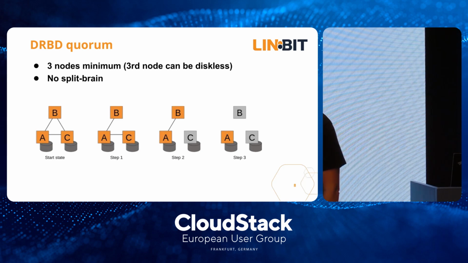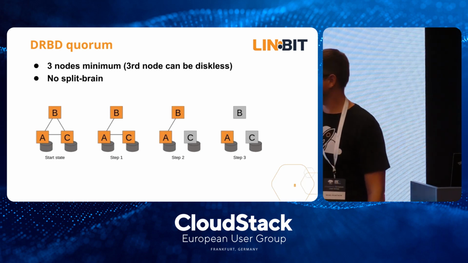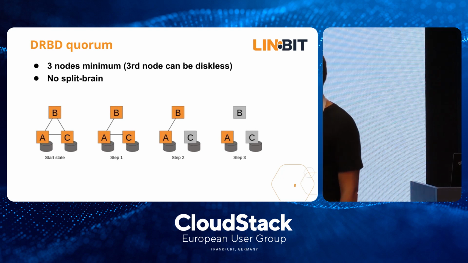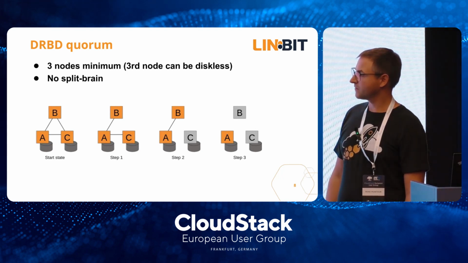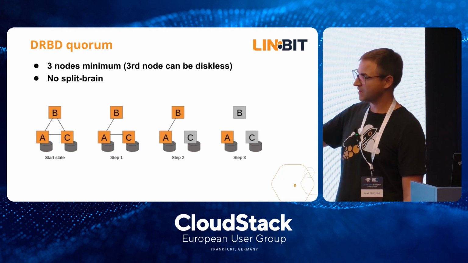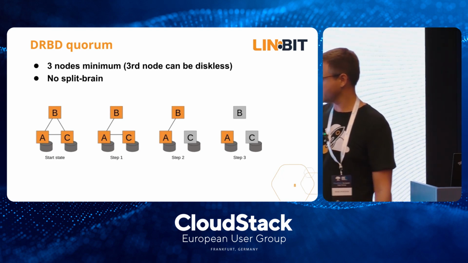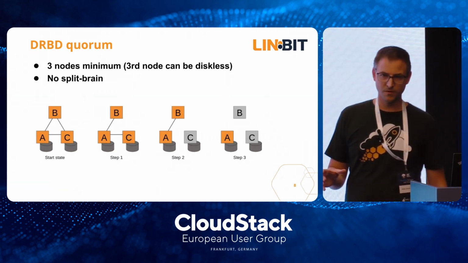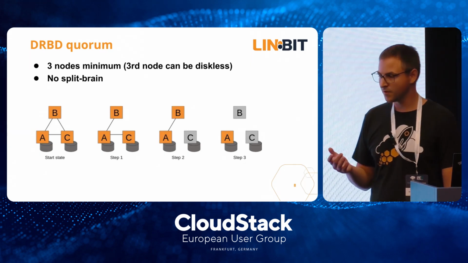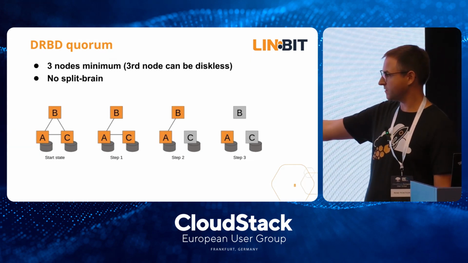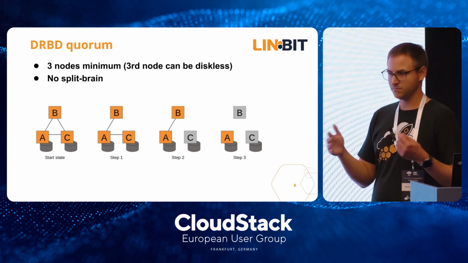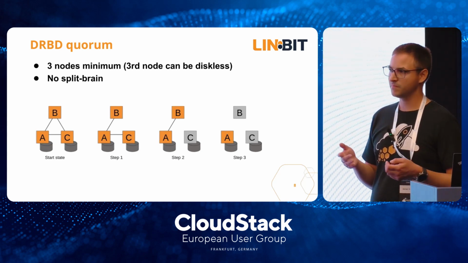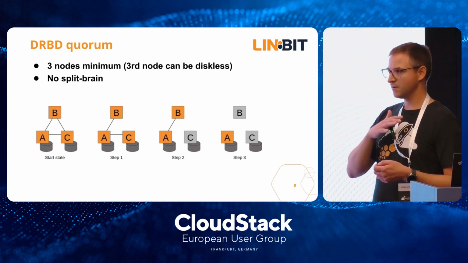But now if the connection to the other two would drop, C would know, oh, I don't have quorum anymore. And in a usual CloudStack environment, you would configure this node to suspend I/O if it doesn't have quorum anymore. So any write request from a VM on that node would just wait. It will probably run into a timeout, but would just wait.